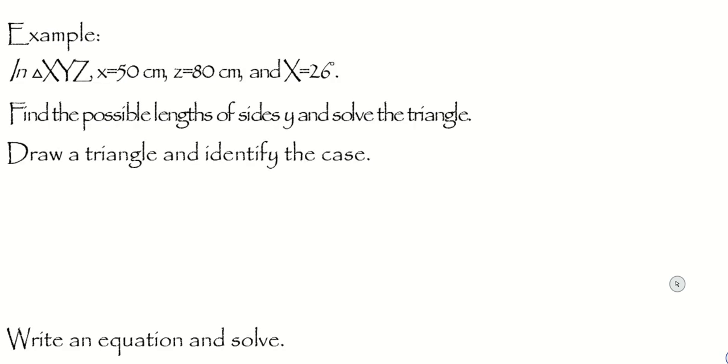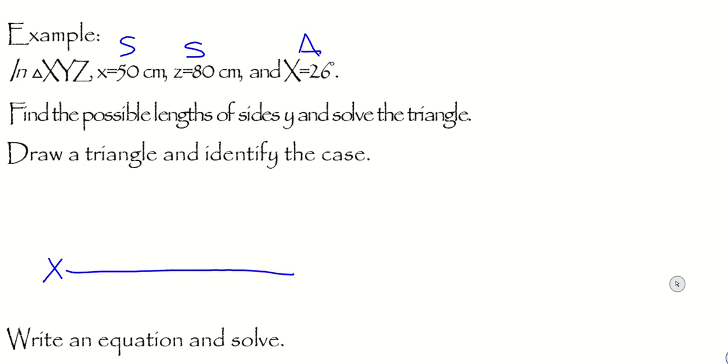So in this example, I have triangle XYZ, and I'm given the length of two sides. So this is a side, this is a side, and then I have an angle, which is 26 degrees. So if I draw that triangle, I'm going to put X here, and I'm going to bring out a side.